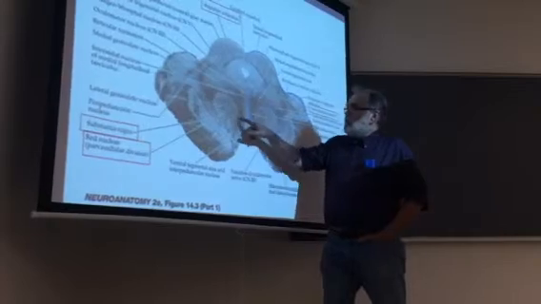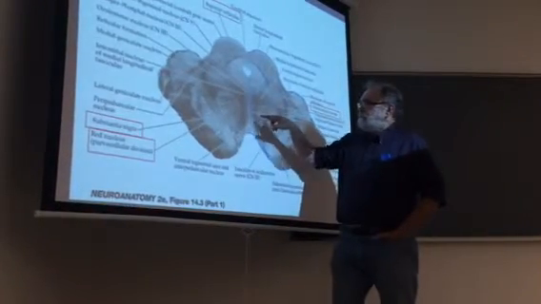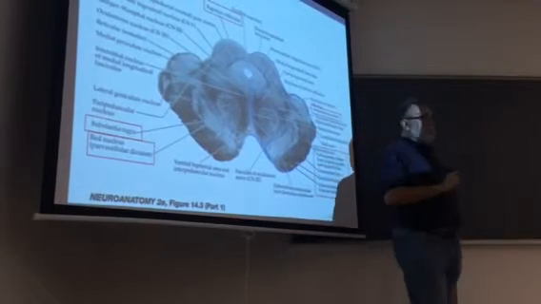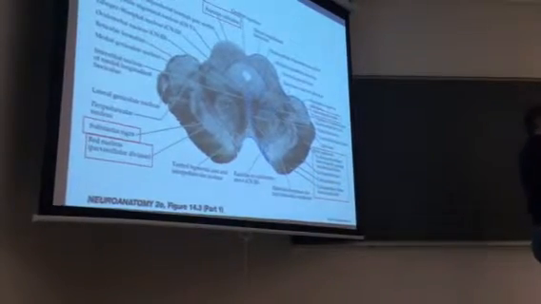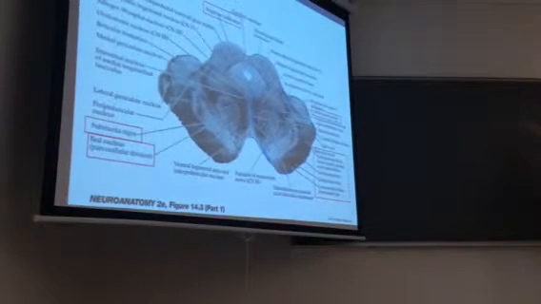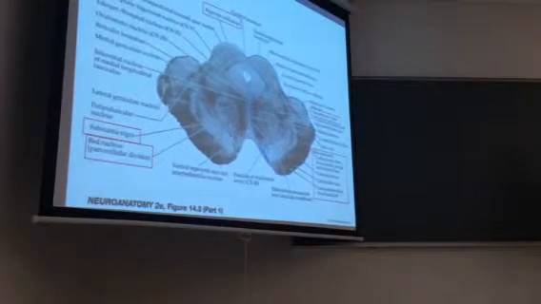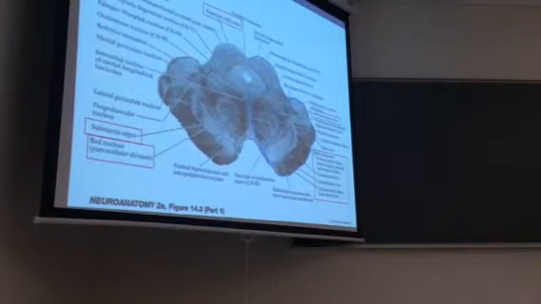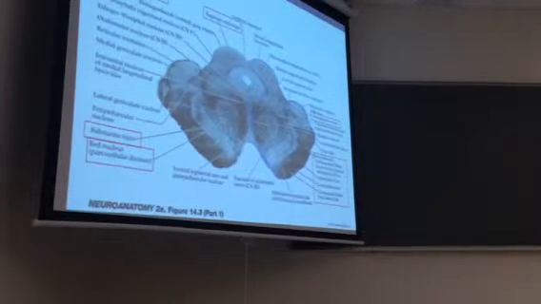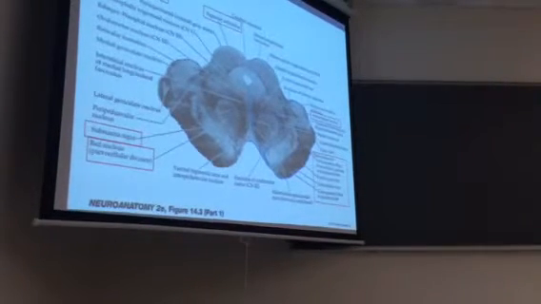These two structures in here are the red nuclei. Now, if we had been higher in the brain, in the midbrain, you could have thought those were the thalami. And it's very easy to mistake those for the thalami, just looking at a slice.